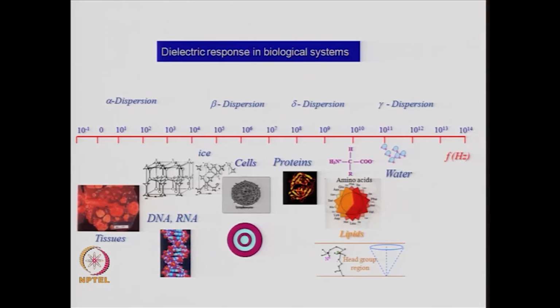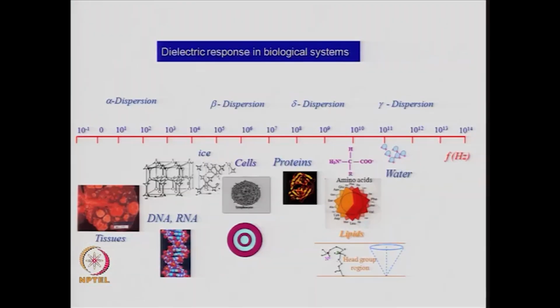Coming to the last slide today, we have been talking of dielectric response in materials which are mostly inorganic materials, but in the initial part of the lecture, I also mentioned the dielectric constant of water, and water is there in many living beings also.